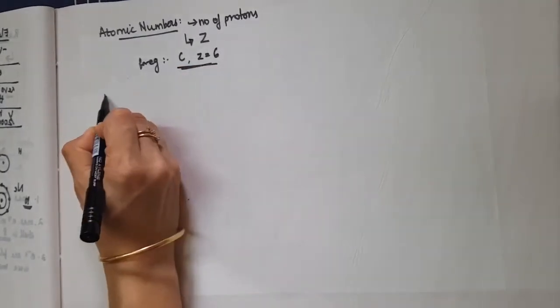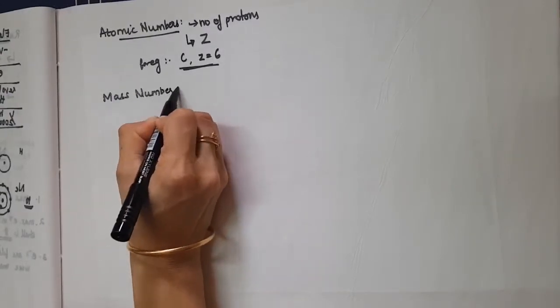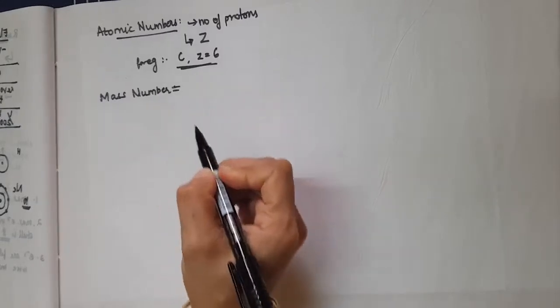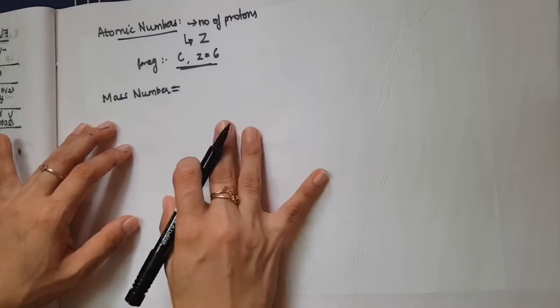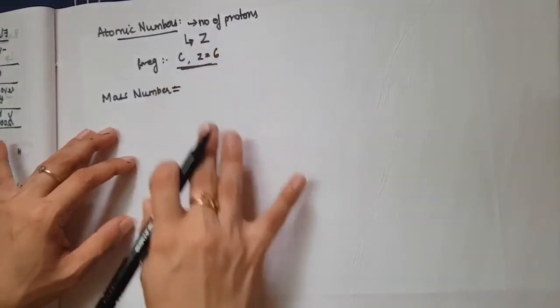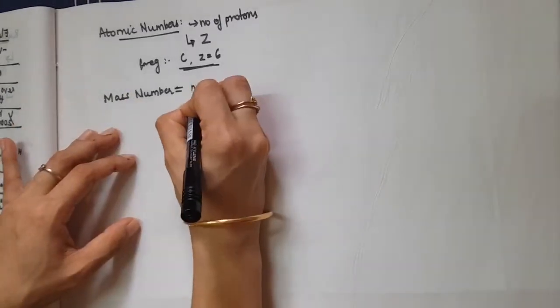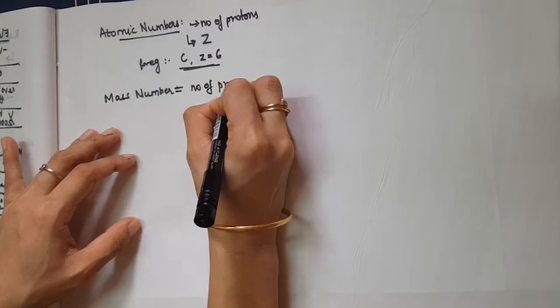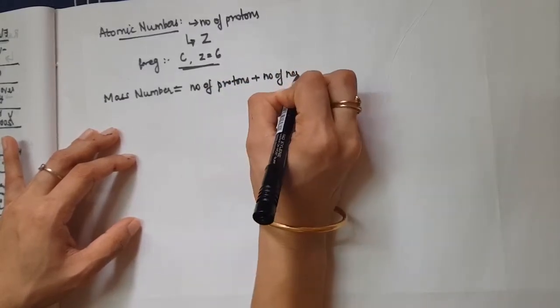Now let's see mass number. Mass number of an atom is the mass concentrated in the nucleus of an atom. Okay, and in the nucleus we have protons and neutrons. So mass number is equal to number of protons plus number of neutrons.